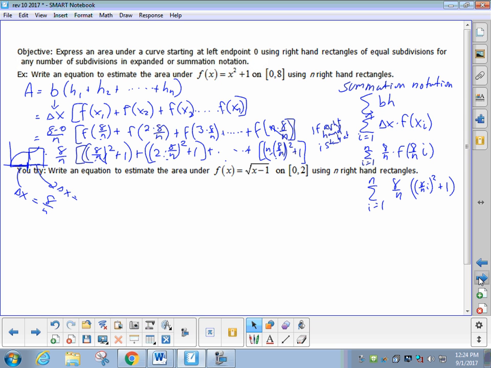Yes? So n is reserved for how many rectangles. So in terms of a counter of what rectangle we're on, we need something that goes up from first rectangle, second rectangle, third rectangle.